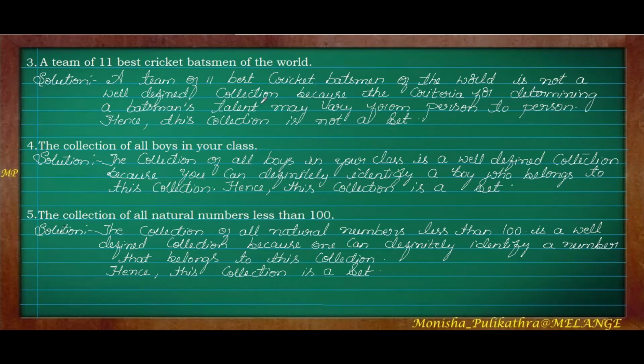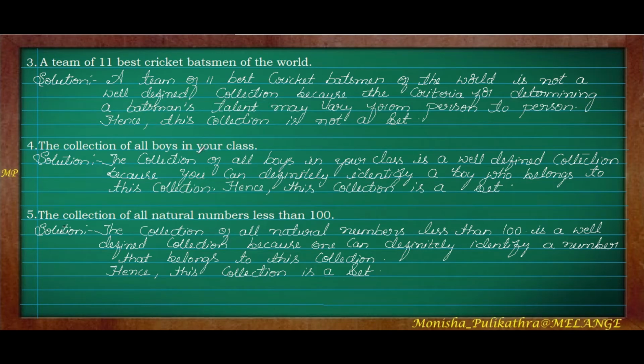So we can't exactly make a collection of 11 best cricket batsmen. It's not a well-defined collection because the criteria for determining a batsman's talent may vary from person to person. Hence, this collection is not a set. So in this type of question, if we want to collect the talent of some person, we can't tell those things are a well-defined collection.